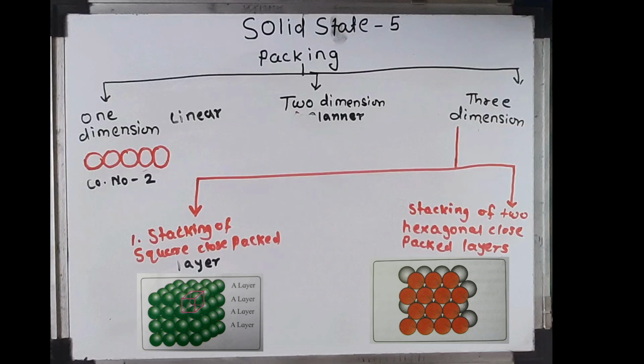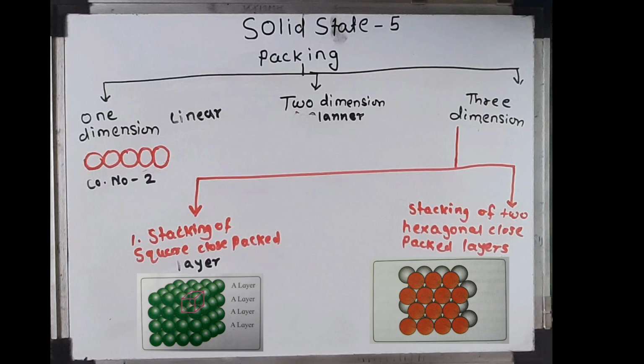The remaining triangular voids of the first layer have above them the triangular voids of the second layer. The overlapping triangular voids from the two layers together form an octahedral void, which is surrounded by 6 spheres. So, in this case, octahedral void coordination number is 8.